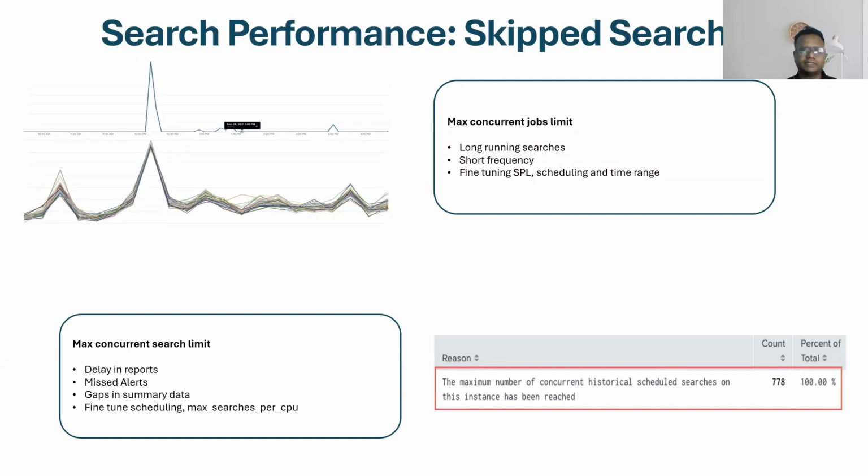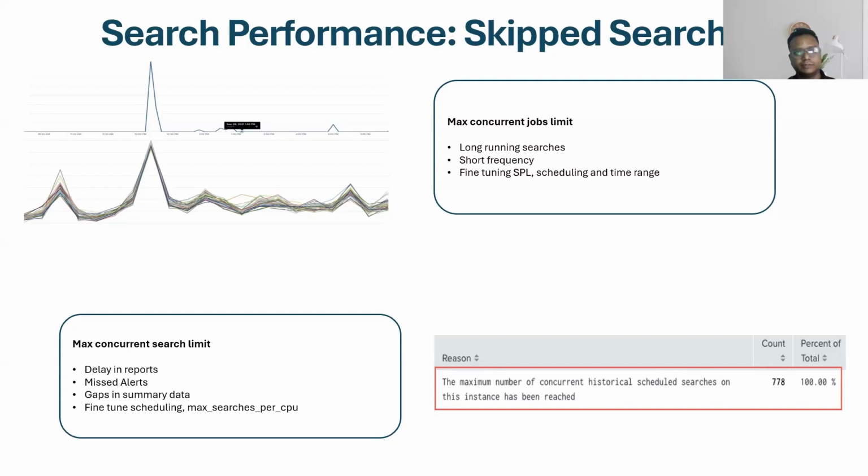So if the max concurrent job limit is 10, and we have scheduled 12 or 15 search jobs, scheduling will create a search job, right? So if I have a max concurrent job limit of 10 and I have scheduled 15, 10 jobs are running now.